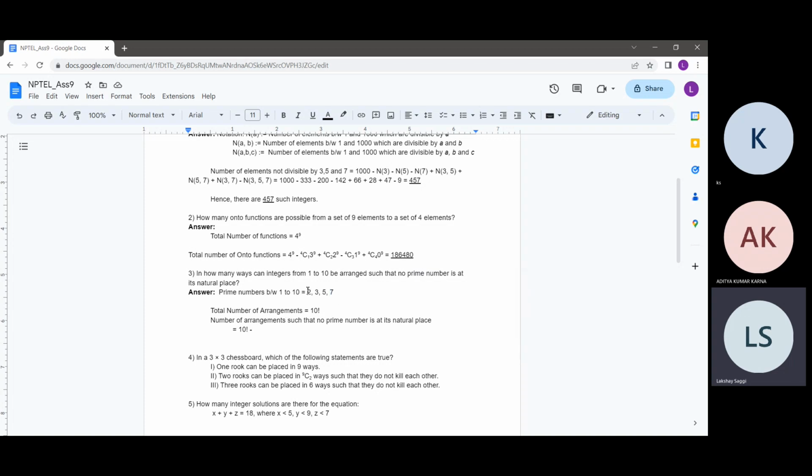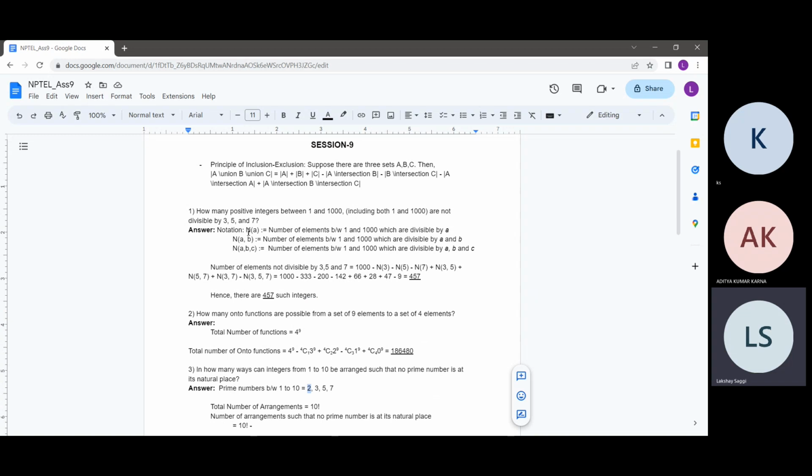So from the total number of ways, I'll first subtract the number of ways in which 2 is actually at its natural place. Or maybe I'll just write down the formula only. From this 10 factorial, what I'll subtract first is the case where 2 is at its place. Maybe I can put it down in this sort of notation so it's easier for you guys to follow.